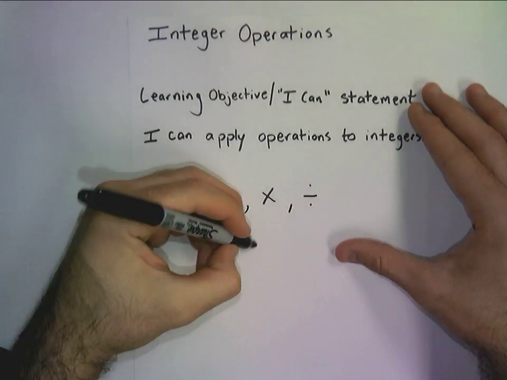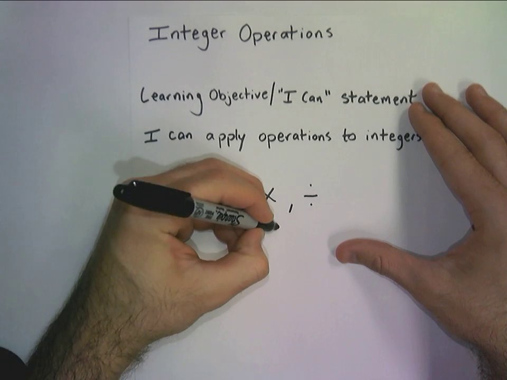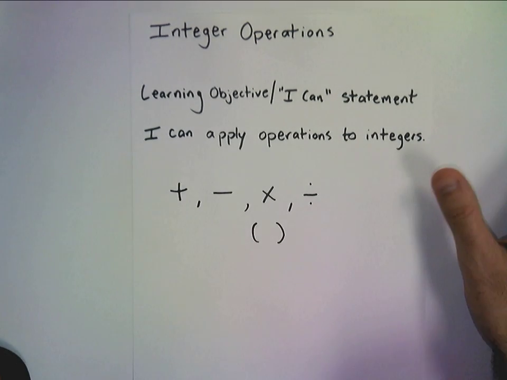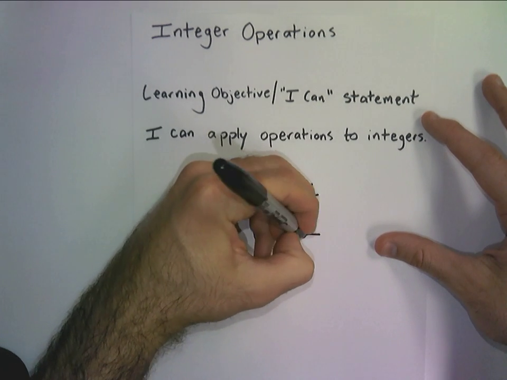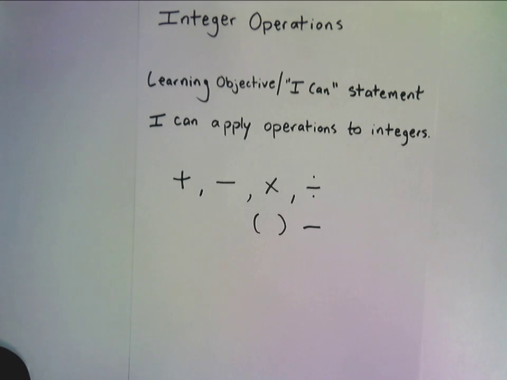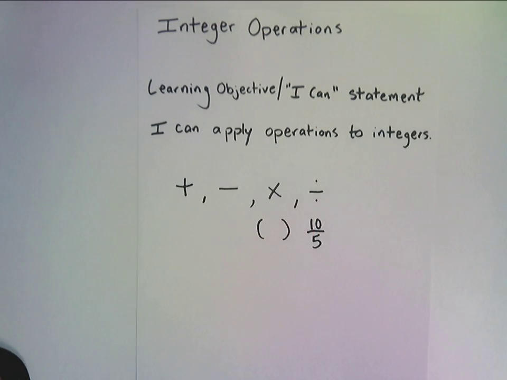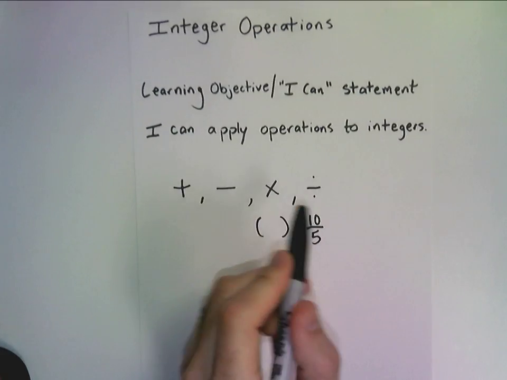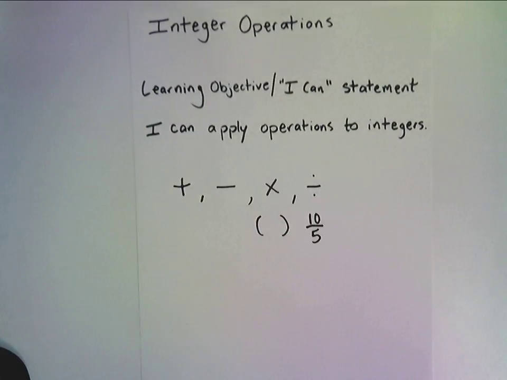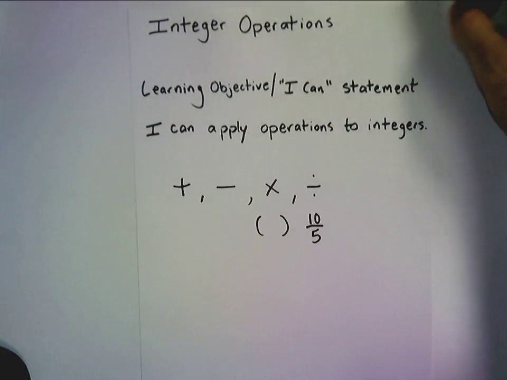Rather, I will be using parentheses to signify multiplication, or simply a fraction to signify division, such as 10 divided by 5. So just get used to using those different symbols, as the extra multiplication and division signs tend to go away as you move further into algebra.